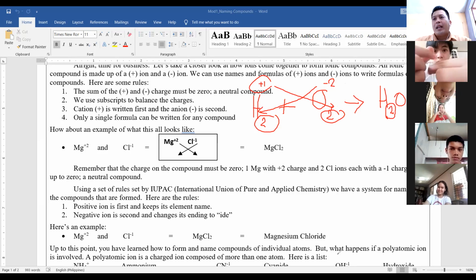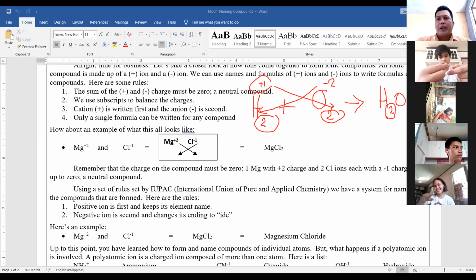This is where the understanding of diatomic elements comes in. Okay, so these are diatomic, and if they occur as a free element in a reaction, they have to have a subscript of 2. But this will not matter when you're going to have a chemical reaction in its way.